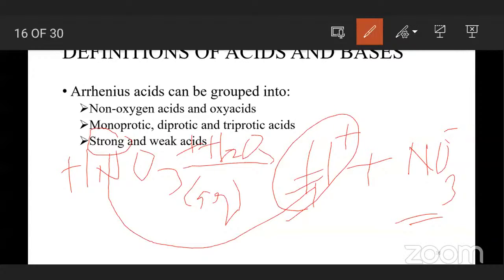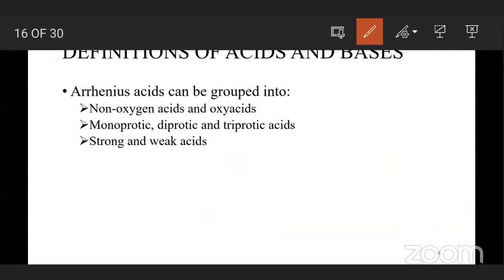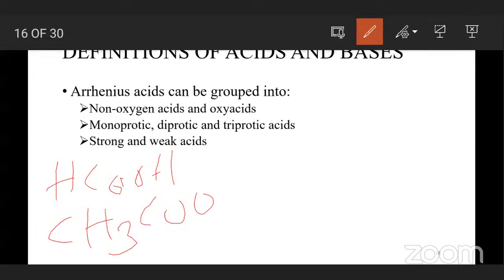So any acid that can completely release its hydrogen ion in solution is called a strong acid. However, we have what we call weak acids. They cannot release all the hydrogen ions in solution. Examples of that are organic acids. Basically, organic acids are weak acids. An example is methanoic acid, or maybe ethanoic acid.